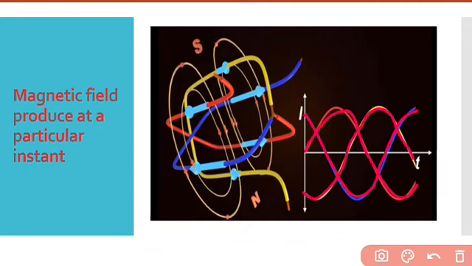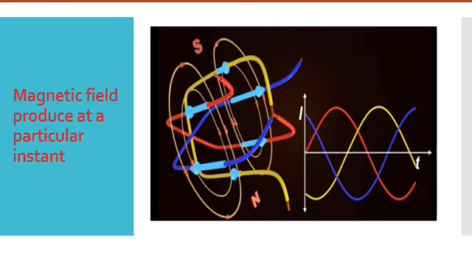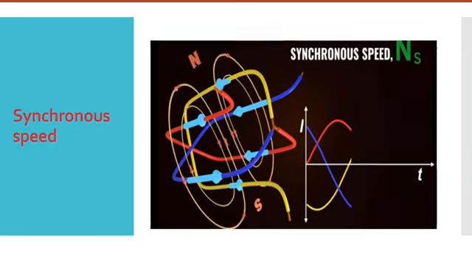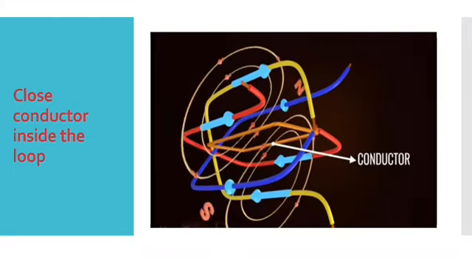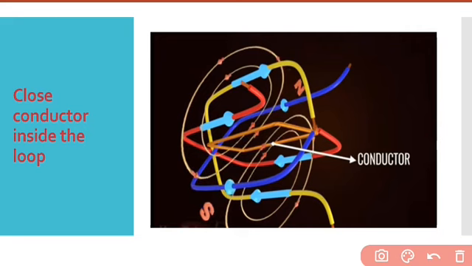It is produced when this loop is rotated. Consider this as the closed conductor.